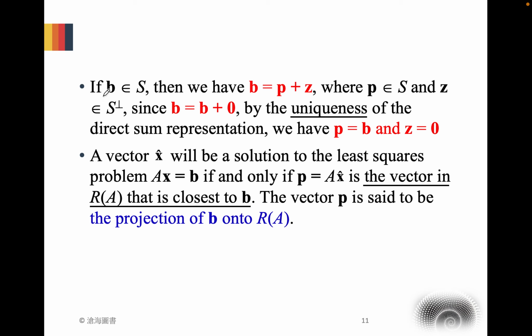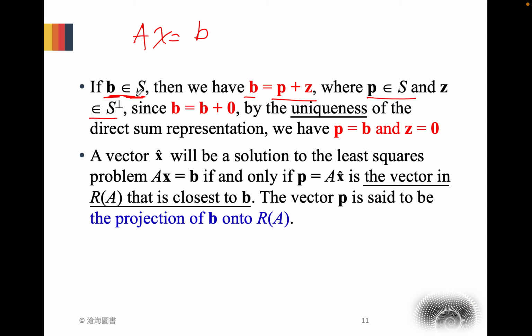If the vector B is in S, then obviously Ax is equal to B, and this linear system has a solution. In this case, we have B equal to P plus Z, where P is in S and Z is in S perp.